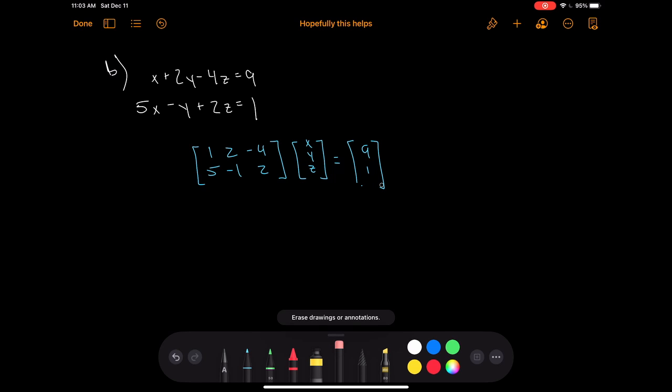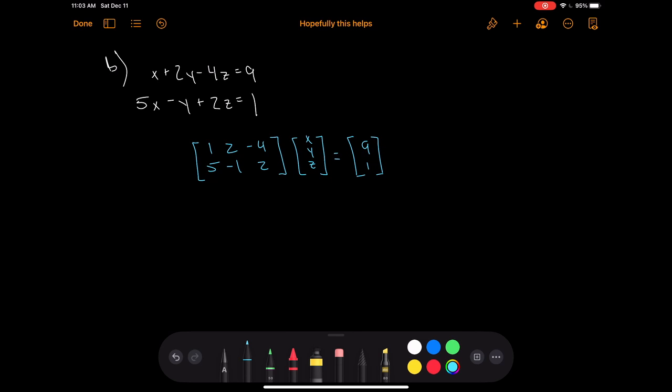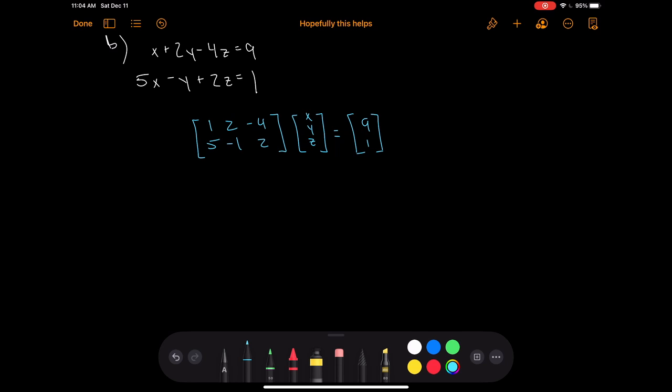And so what we did after this is put this in an augmented matrix and then find our unknowns by putting it into row reduced echelon form. And so our augmented matrix, instead of a 3 by 3 this time, would be a 2 by 3. So 2 rows, 3 columns.